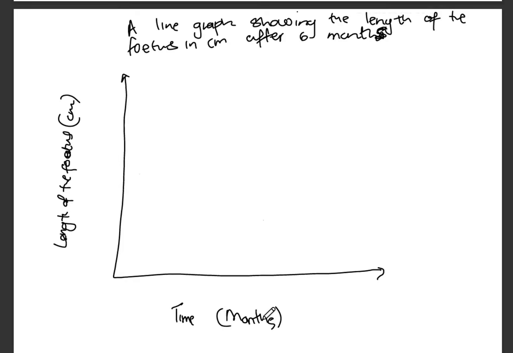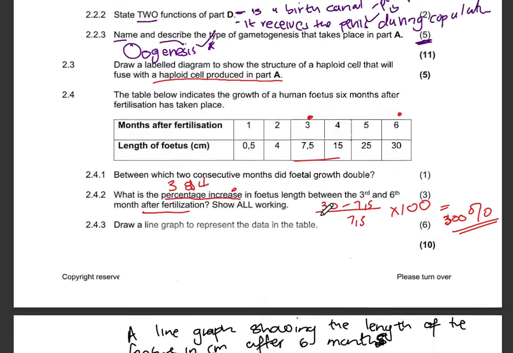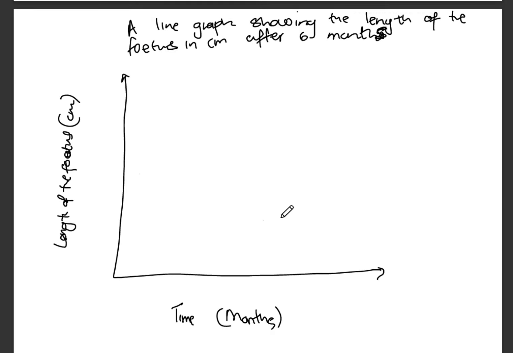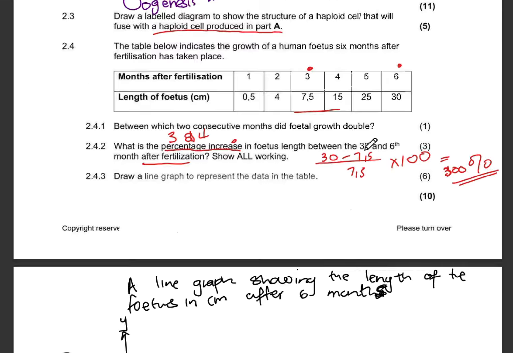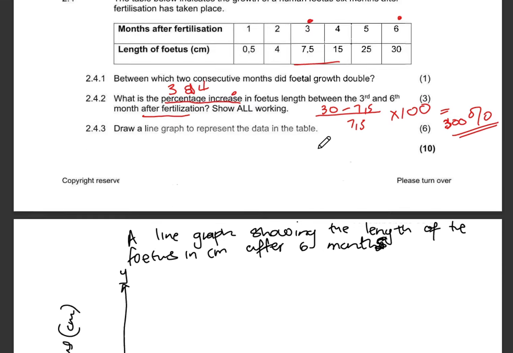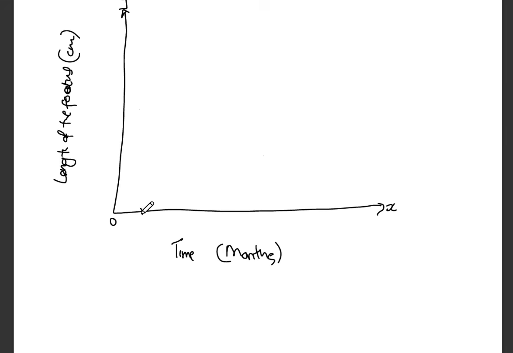Whether you indicate x and y, guys, it doesn't really matter, but you can, then you have your 0 there. It's up to you whether you have the 0 or not. In terms of months, we have month 1 to 6. You use a ruler: 1, 2, 3, 4, 5, 6.